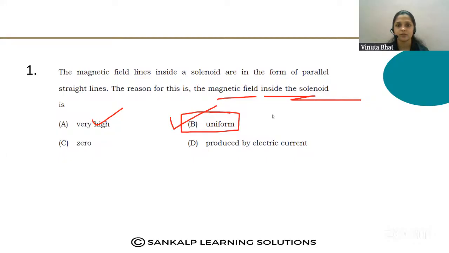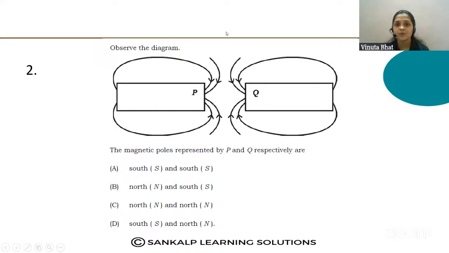Next question. Observe the diagram. The magnetic poles are represented by P and Q. Here we don't know which is a north pole or a south pole. Option A: south and south. Option B: north and south.